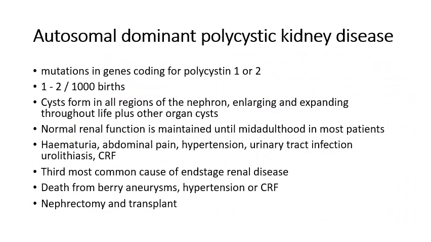Finally, we should just make mention of autosomal dominant polycystic disease, because these kidneys often come forward for removal at nephrectomy. So polycystic kidney disease is quite common in our community, and it can involve 1 or 2 per 1,000 births. And this is a mutation in genes which code for a protein called polycystin.